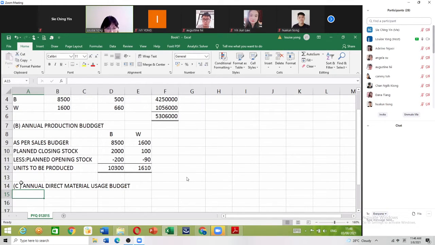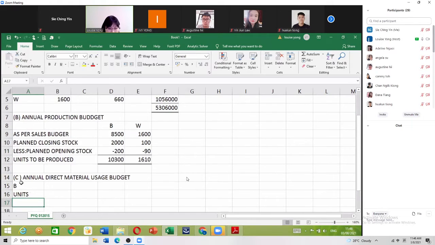For product B, you make one table: number of units, unit price, and RM.